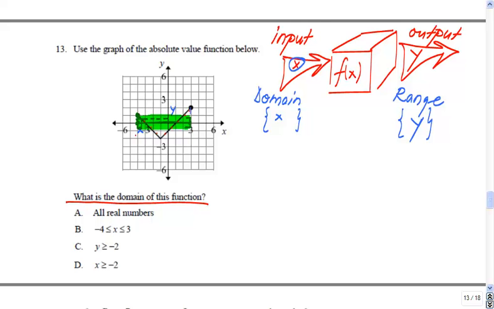So it seems to me that my domain, like I've said, will be between this point and that point.